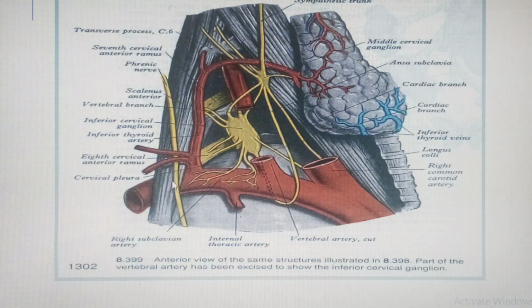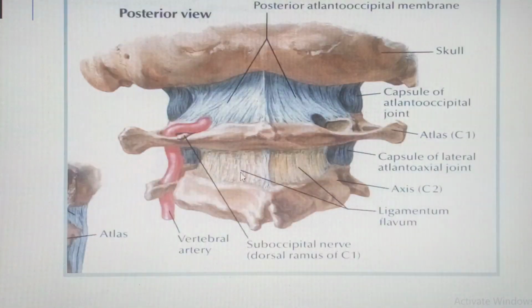And this scalenus anterior muscle is therefore dividing the subclavian artery into the proximal part, the deep part, and of course the dorsal part. So it will be running lateral to the scalenus anterior muscle, but medial to the longus coli muscle. So those are the relations that we have to appreciate regarding the first part of the vertebral artery.